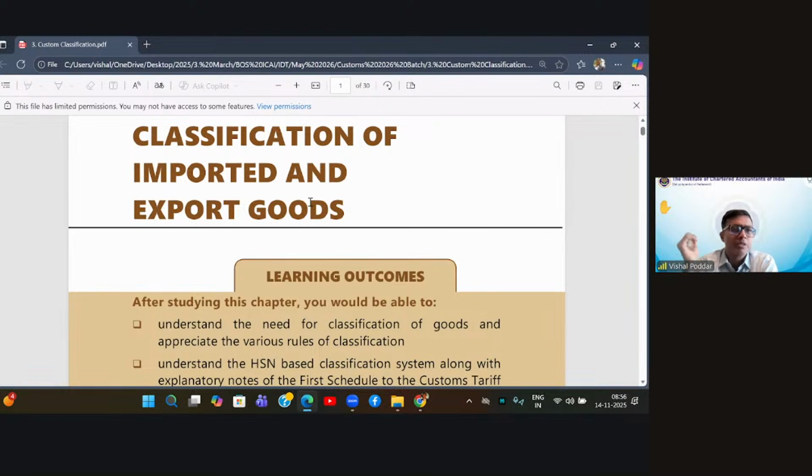So the purpose of this chapter is to understand how to classify, or I'll replace this word with identify, where my goods are falling, in which chapter, in which heading. This process of finding out, identifying where your goods are fitting in those 98 chapters is what is called classification. Now, what is the use of this chapter in GST?